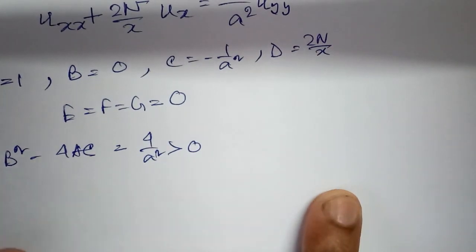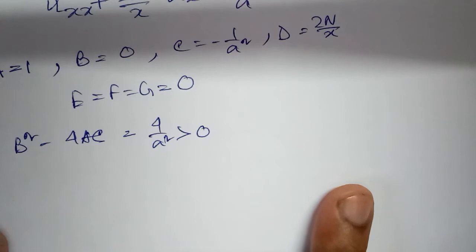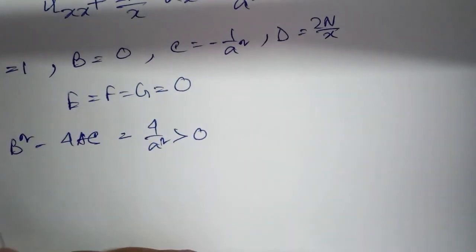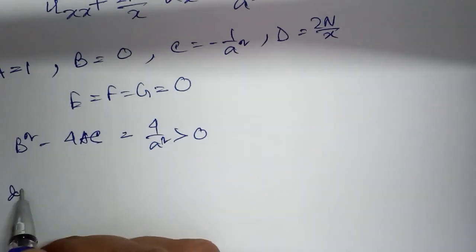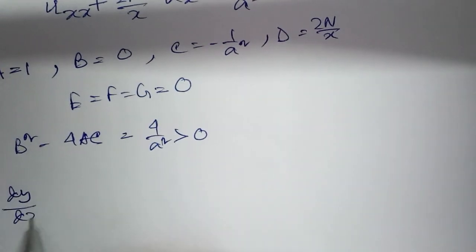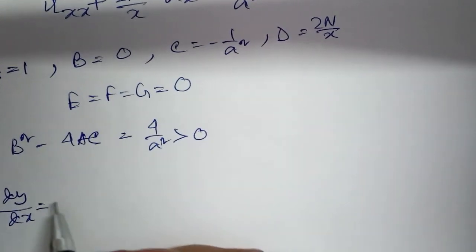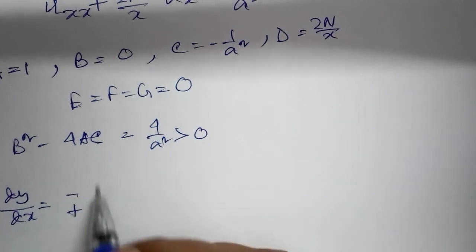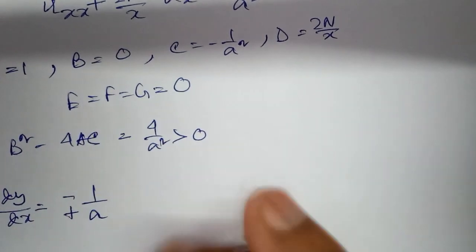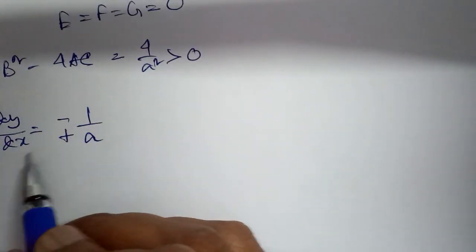Hence this given equation is hyperbolic, and as this is hyperbolic, what we will do is at first find out the characteristic, and that is minus plus 1 over a, and solving we have dy dx is equal to either minus 1 over a or dy dx is plus 1 over a.